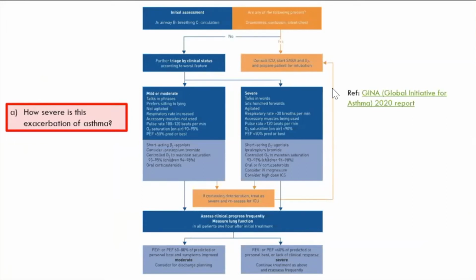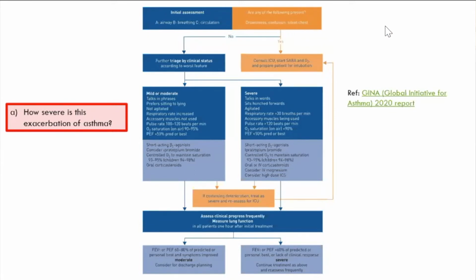In the Global Initiative for Asthma guidelines, which are one of the main guidelines that we use globally, if you look right at the top and follow the flow chart, if any of the following are present: drowsiness and confusion, so disorientation would count as that, and silent chest.